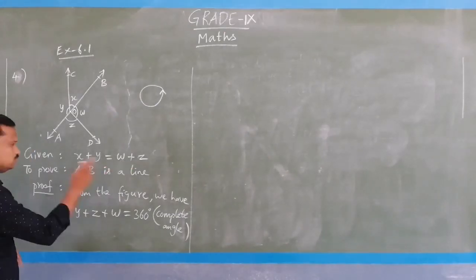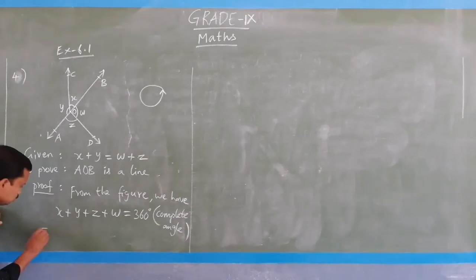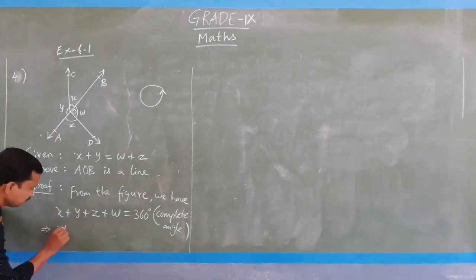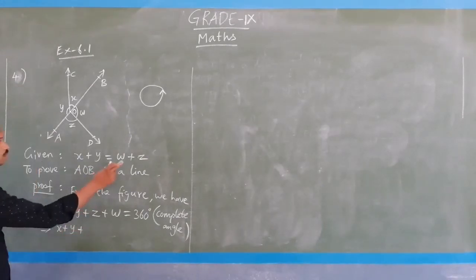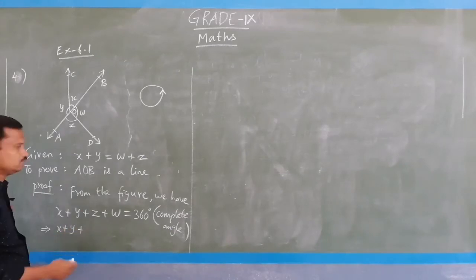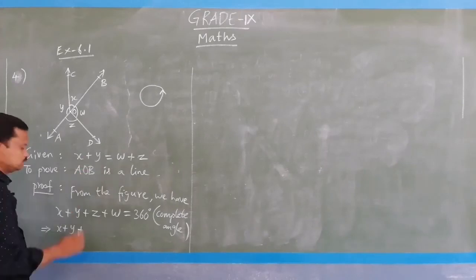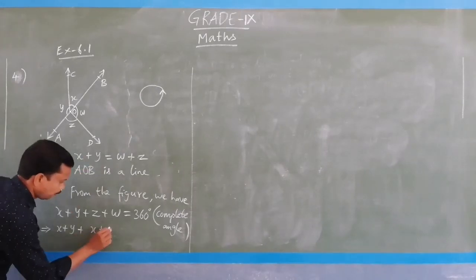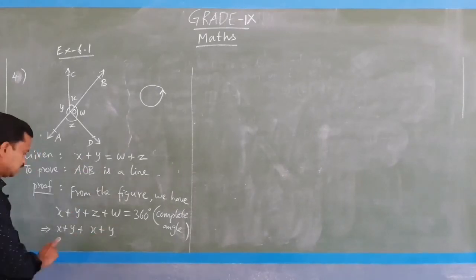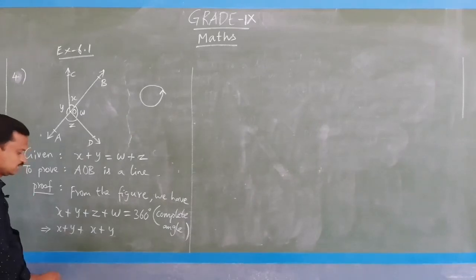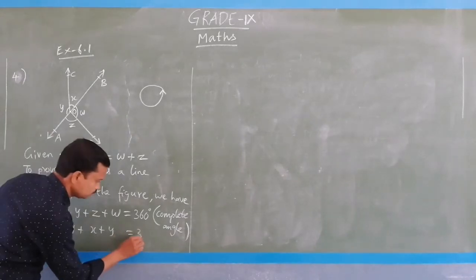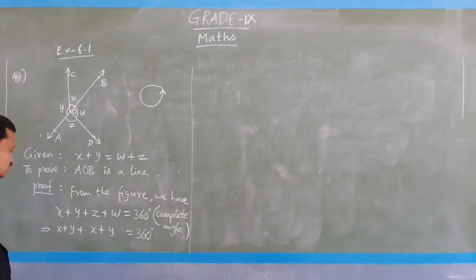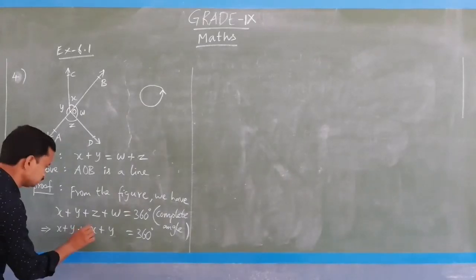So, this implies x plus y plus, again for w plus z or z plus w, both are the same, commutative in addition. So, we can put x plus y for this. x plus y and another x plus y, that is equal to 360 from the given part. This is one x plus y and this is another x plus y.